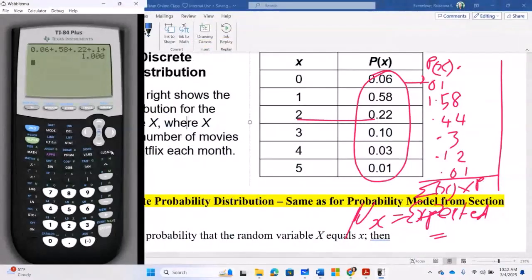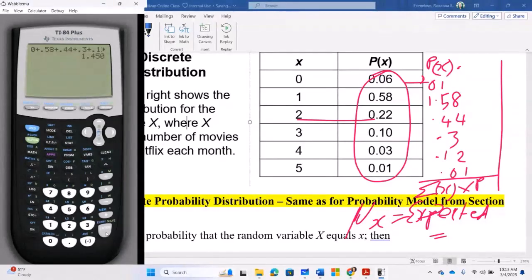So 0 multiplied by 0.06 is 0, plus 0.58, plus 0.44, plus 0.3, plus 0.12, plus 0.05.